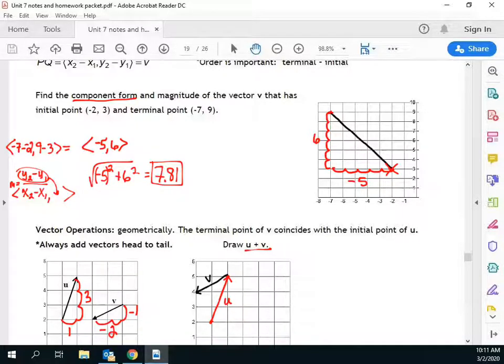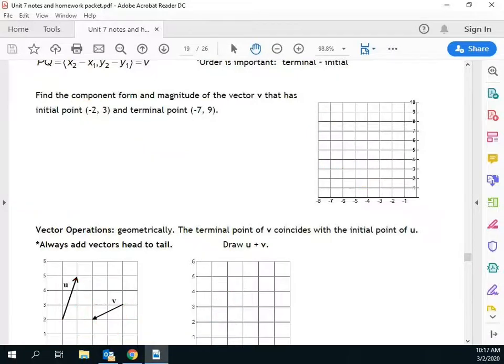And so that's how you connect vectors using the graph. And again, we used its components to figure out where it's at. Okay? Let's move on to the next one.